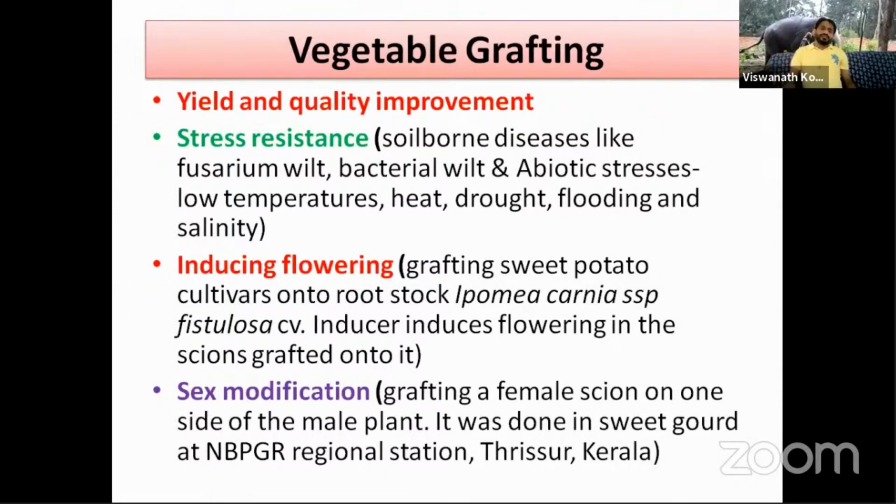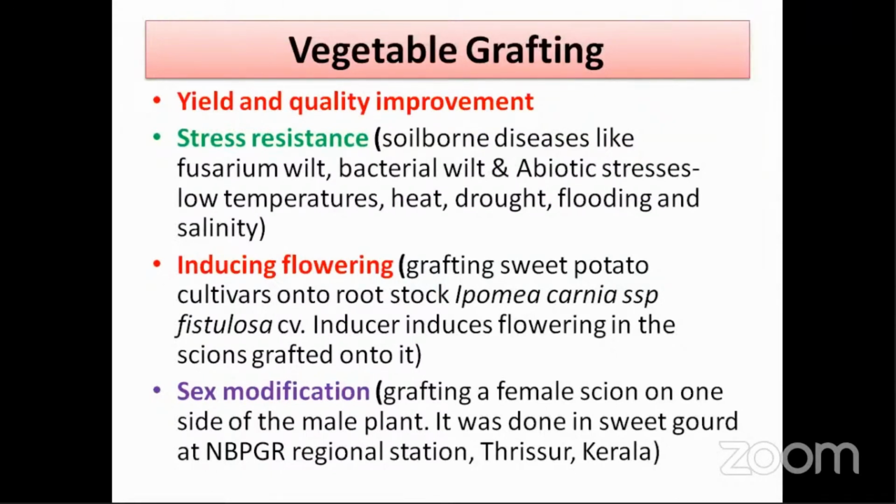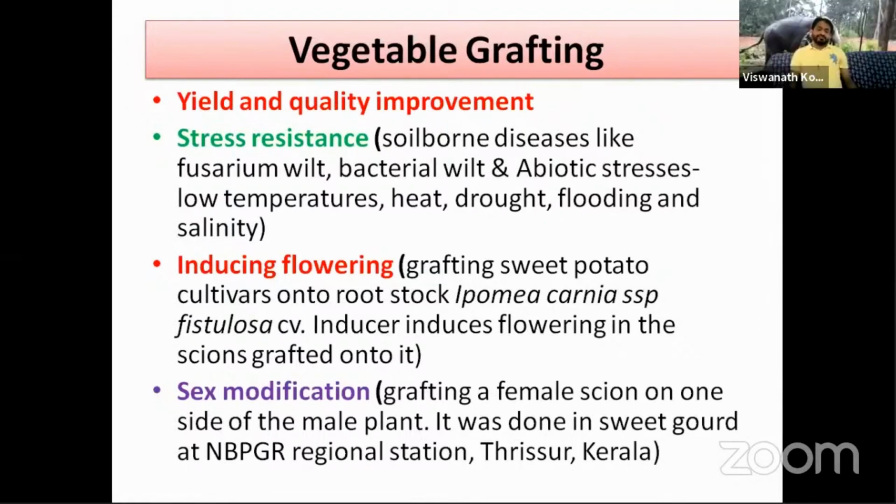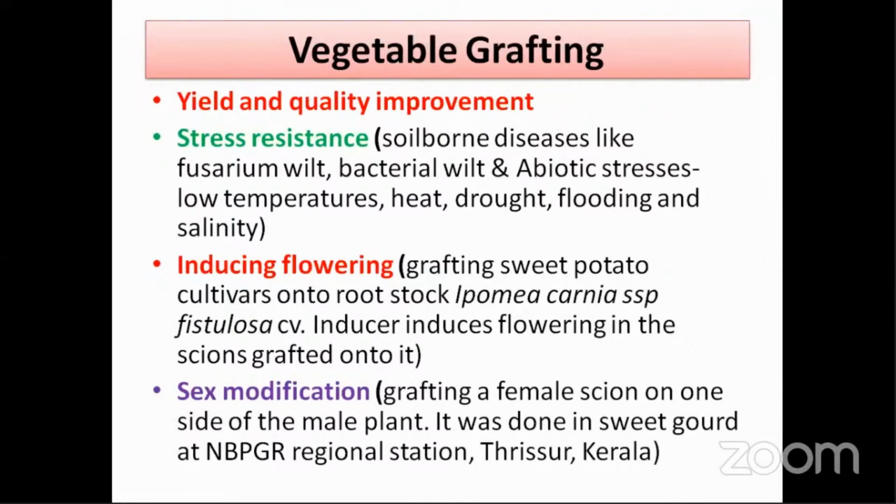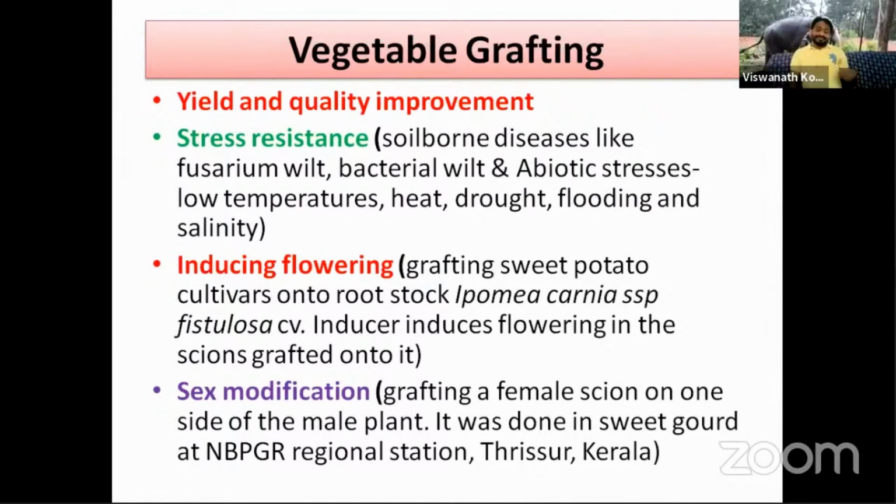Sex modification means, generally in monoecious types, and in dioecious types, male and female plants are different. In the case of sponge gourd, spine gourd, and pointed gourd, 10% male plants we have to plant in the field to induce flowering, isn't it? So these 10% plants are waste.